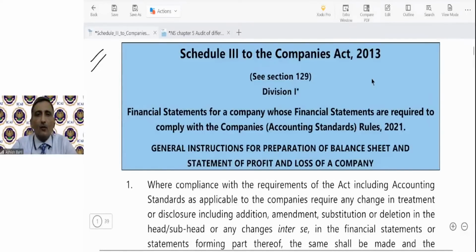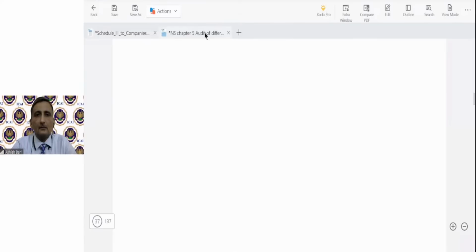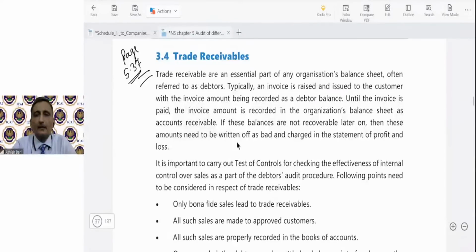So students, now we straight away go to your module. First of all, students, we shall be taking a very familiar item on the asset side of the financial statements, that is trade receivables.